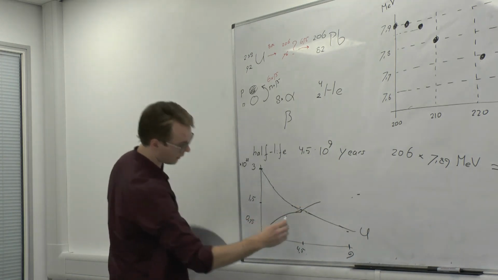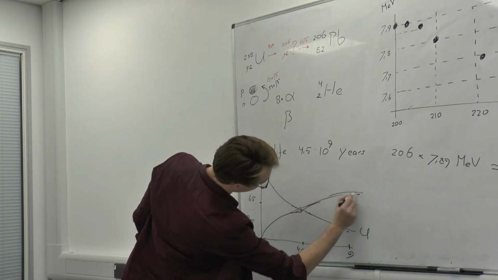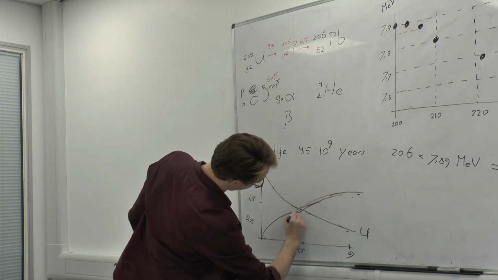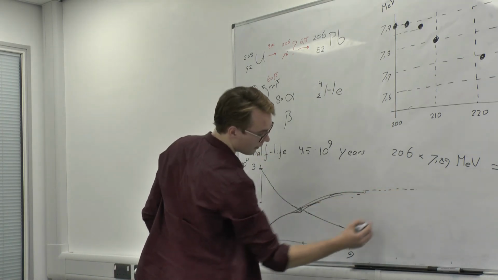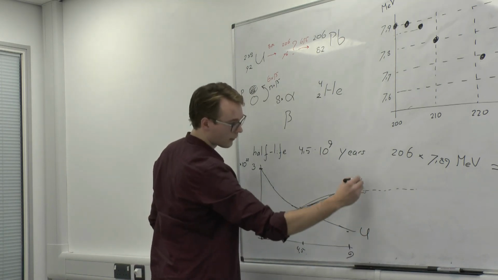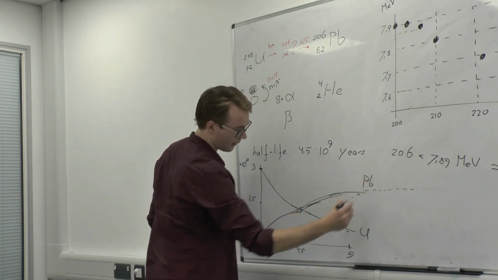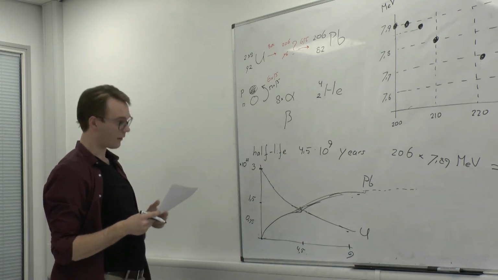It's going to be an ugly graph. This will asymptotically go to 3, whereas this here will go asymptotically to 0. So this is the number of lead atoms. So this is question C. Draw this graph.